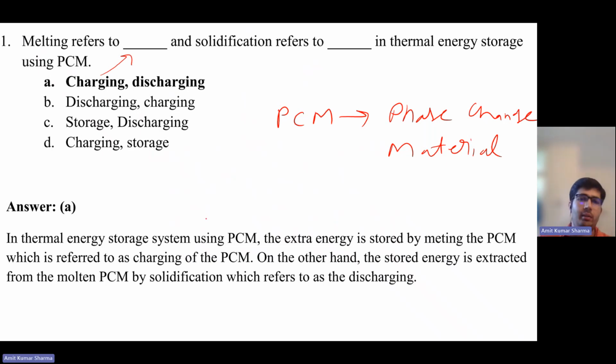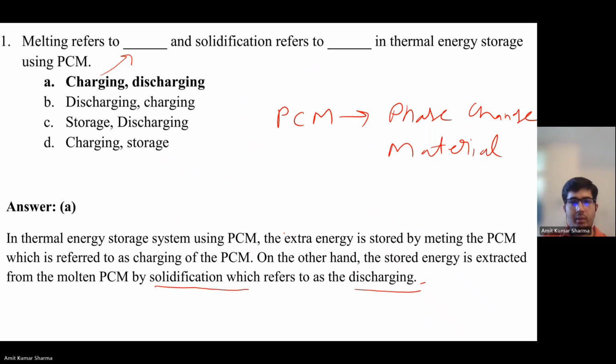On the other hand, the stored energy is extracted from the molten phase change material by solidification, which refers to the discharging. So when we want to extract the energy back from the PCM, we solidify it, and this is considered discharging.